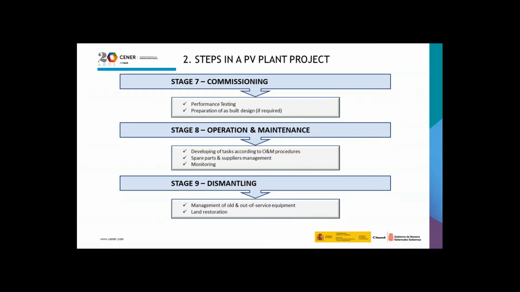Stage 8, the operation and maintenance of the PV plant, contains these tasks: development of tasks according to O&M procedures, the spare parts and suppliers management, and monitoring tasks. And finally, stage 9 is the dismantling of the PV plant that contains these tasks: the management of all out of service equipment, and finally, the land restoration.